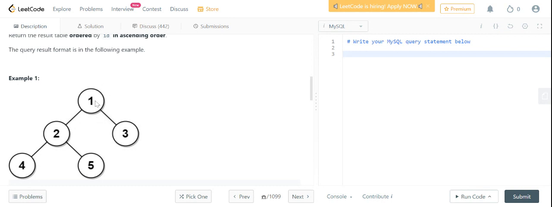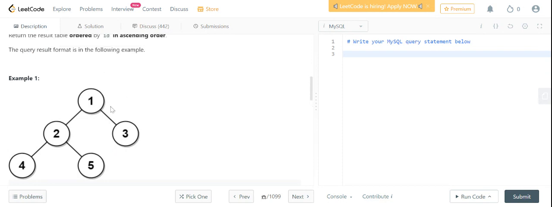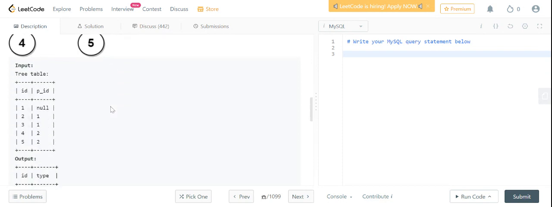So here one is acting as a root node because it does not have any parent node on top of it. And 3, 4, 5 are treated as leaf nodes because they do not have any child node. And 2 can be treated as the inner node because it has both a parent node as well as child nodes. I hope you guys have understood the tree structure.